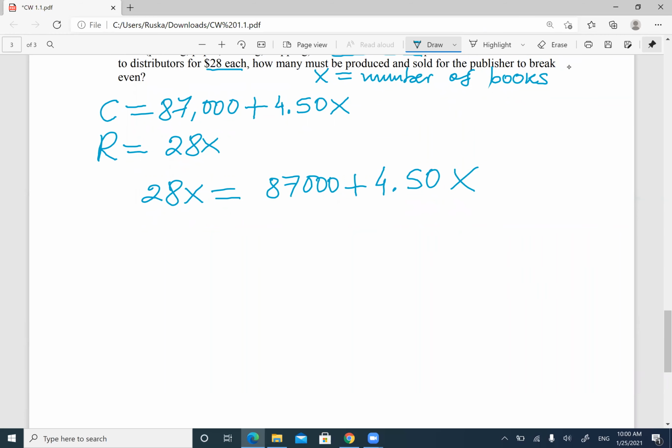So how are you solving this? We're going to subtract 450x on both sides, right? And then we're going to get, what is 28 minus 450? We get 23.50, right?